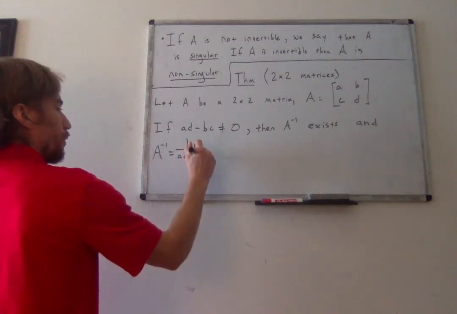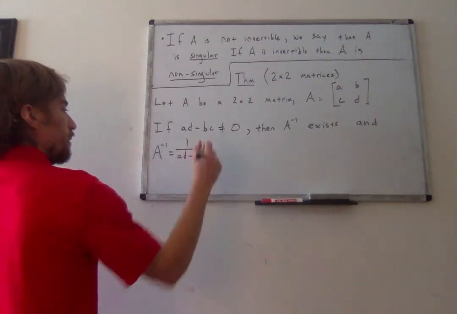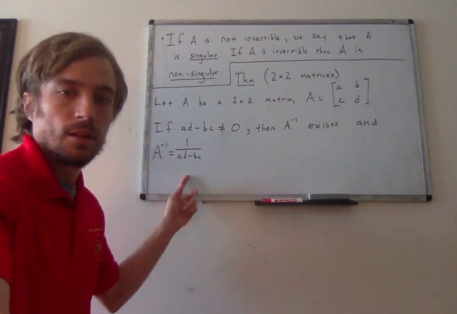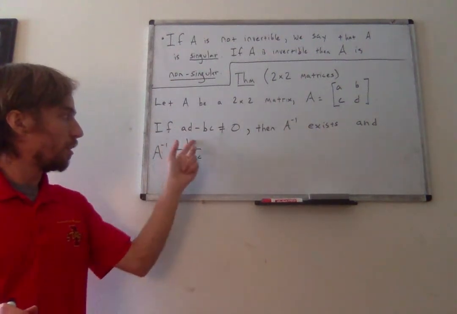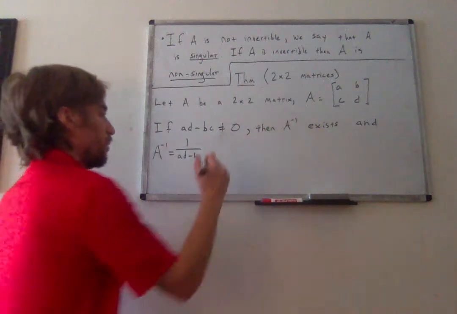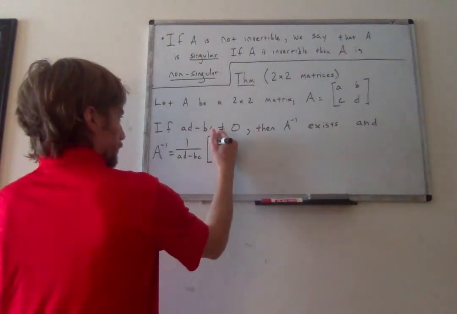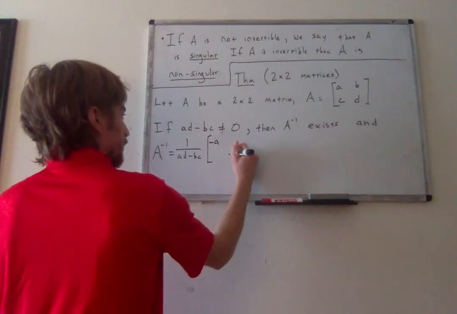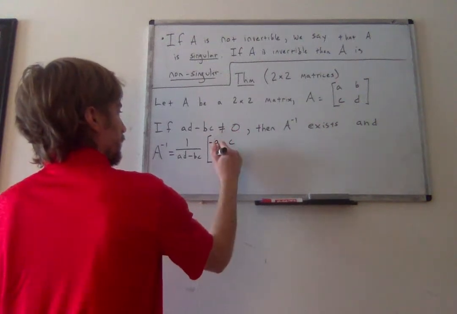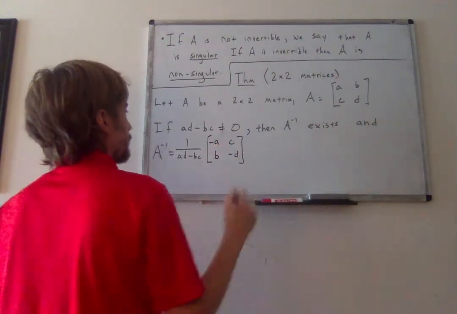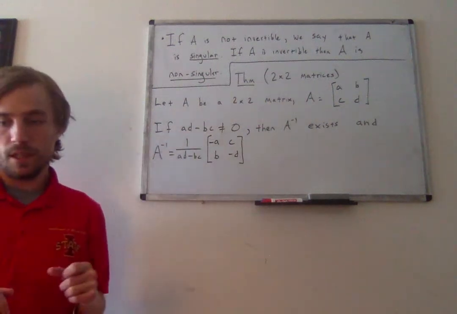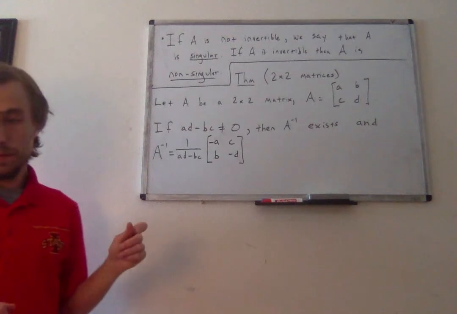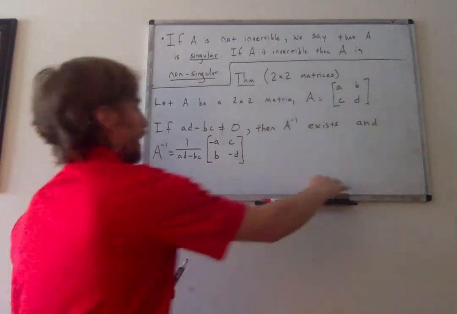It's 1 over AD minus BC. And so notice, again, this is a scalar. So this is just the value 1 over this number times the matrix D, negative B, negative C, A. Oops, sorry, I actually got that backwards.